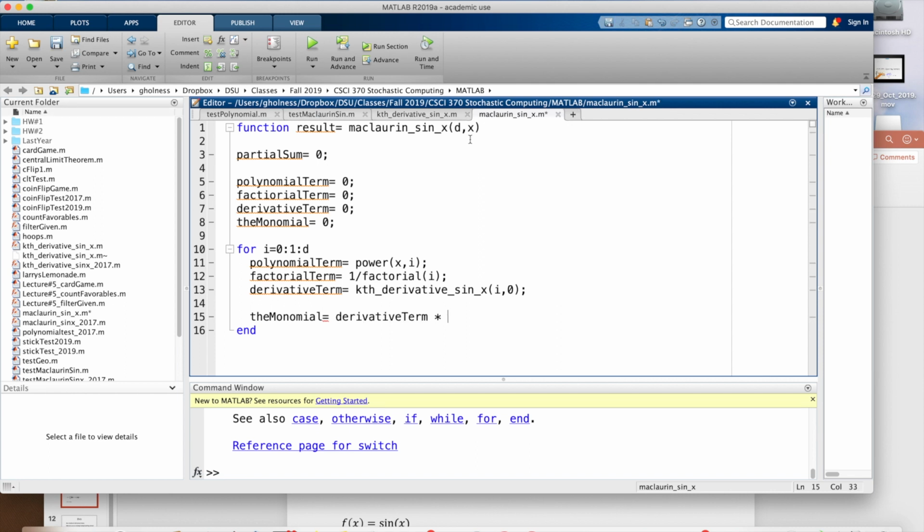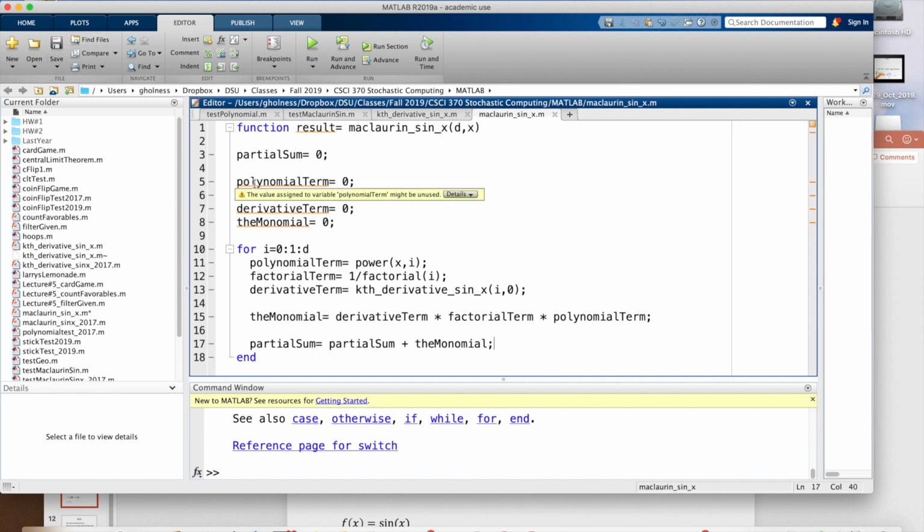Okay, there we go. So now I say partial sum is equal to partial sum plus the monomial, right? So now I'm adding that term. Okay, so let me save this.